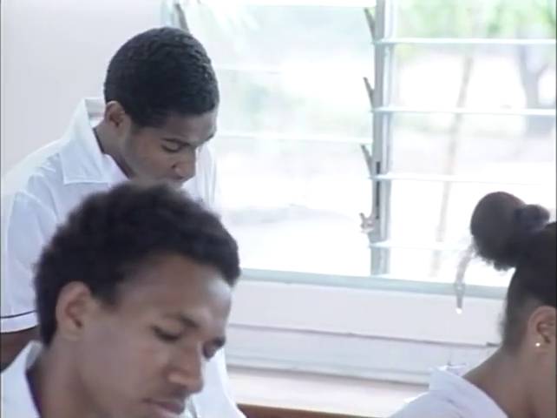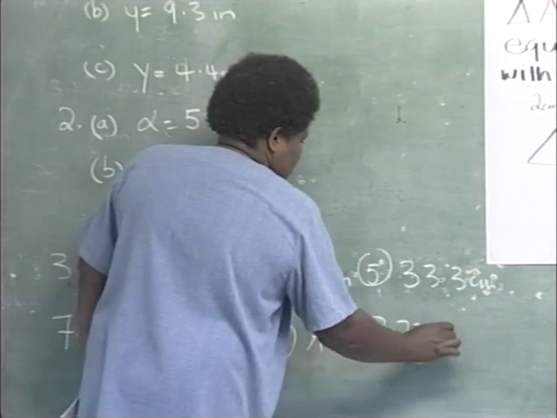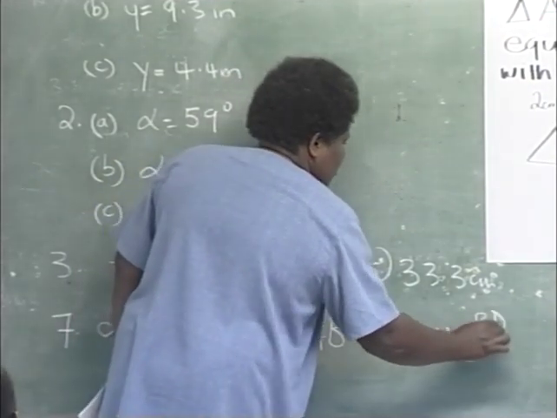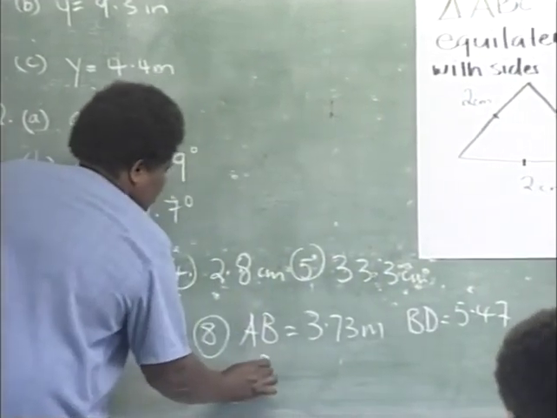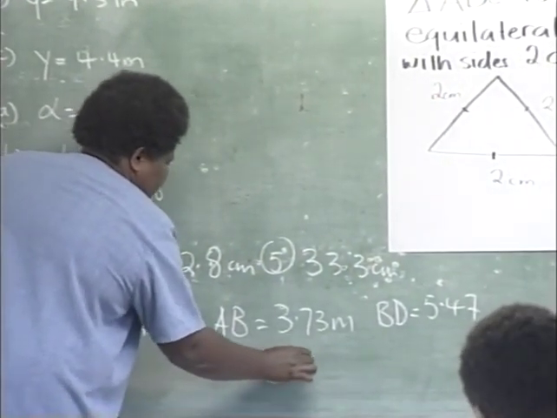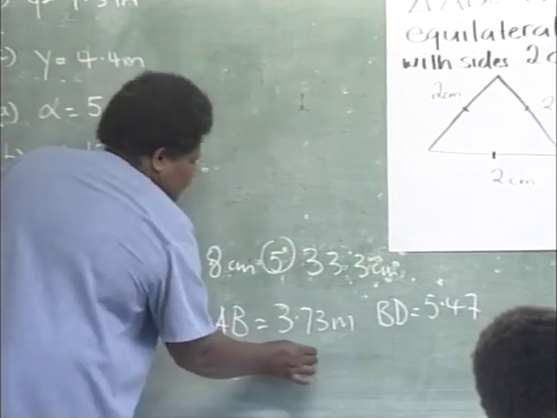AB first. AB is 3.73 meters. BD is 5.47 meters, and BC is 5.87 meters.